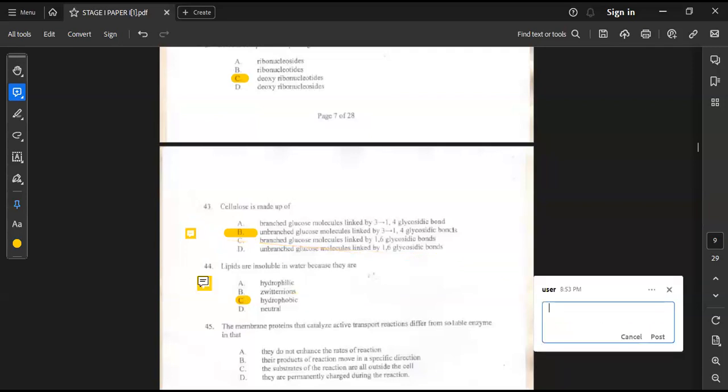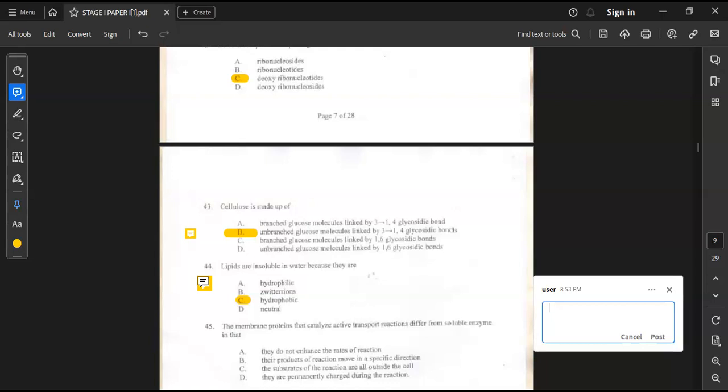Lipids are insoluble in water, we said, because they're hydrophobic. Do we want to remind ourselves of anything about the lipids? I think there's nothing burning there.